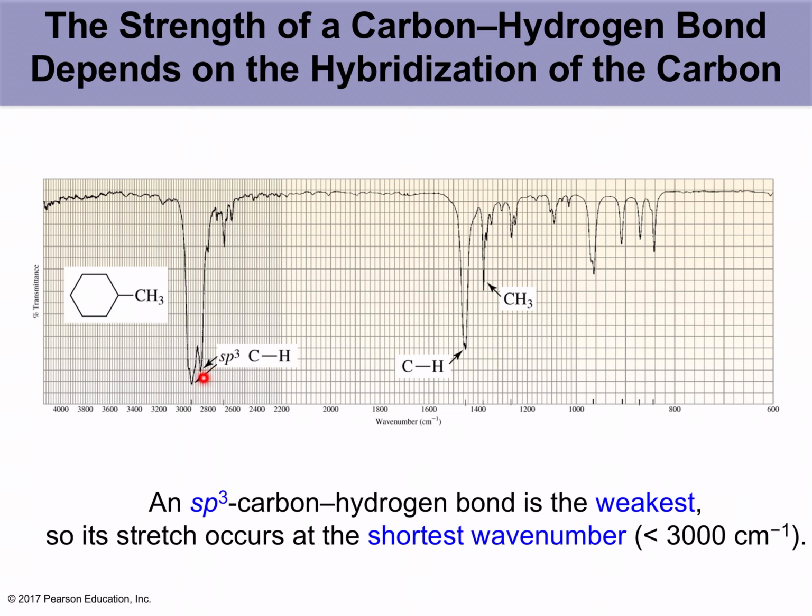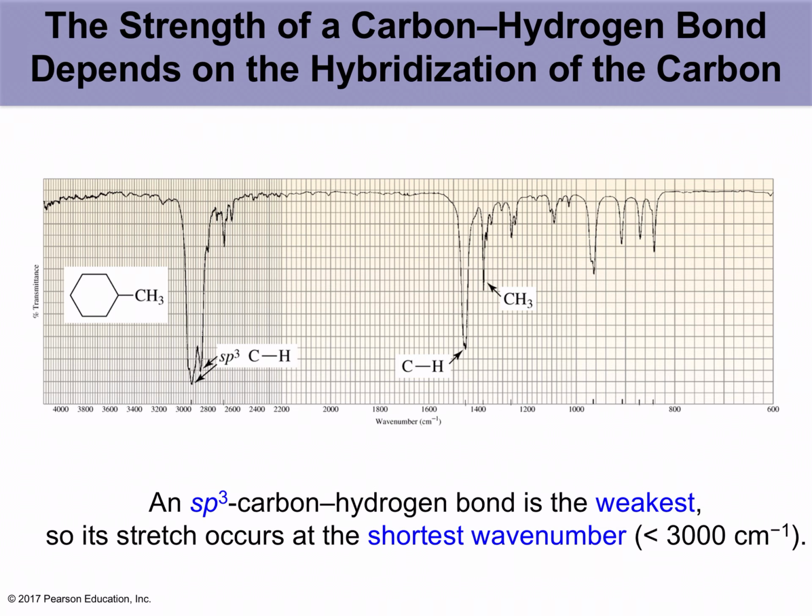This is probably a bending. The sp3 carbon-hydrogen bond is the weakest, so its stretch occurs at the shortest wave number, less than 3000. Right at less than 3000 is going to be the sp3 carbon-hydrogen bond stretching.